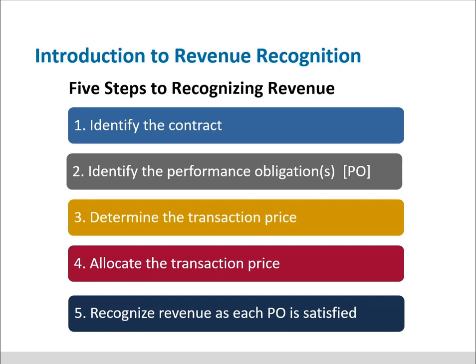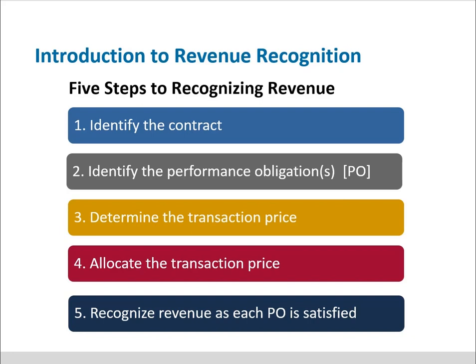Then finally, in step 5 here, the company recognizes revenue as each performance obligation is satisfied. In general, the seller recognizes revenue when it satisfies a performance obligation by transferring the promised good or service.